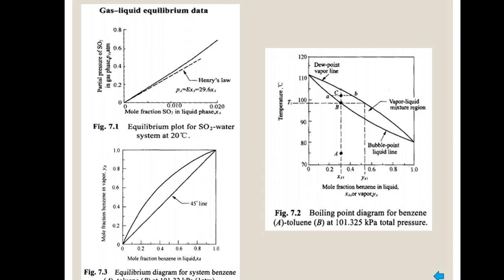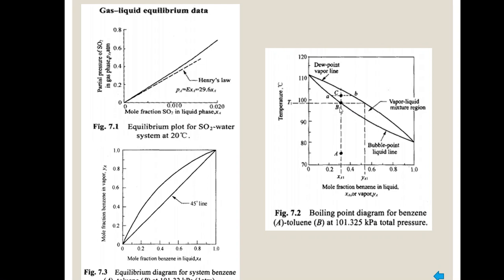What happens if you have a point somewhere in between these two curves, and you would be asked what would be the state of this particular mixture at this point here? At this point, we are saying that you already have a mixture of liquid and vapor, because this is the vapor-liquid mixture region. Now, again, you may wonder, what is this line?